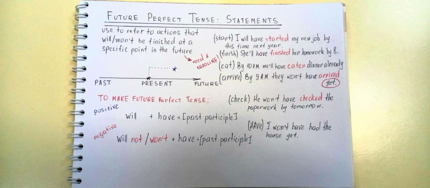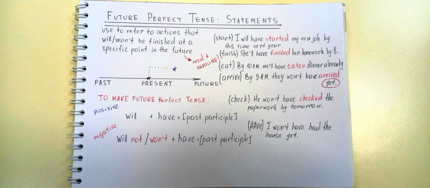Here the verb is start. The past participle form of the verb start is started. So the sentence is I will have started my new job by this time next year.